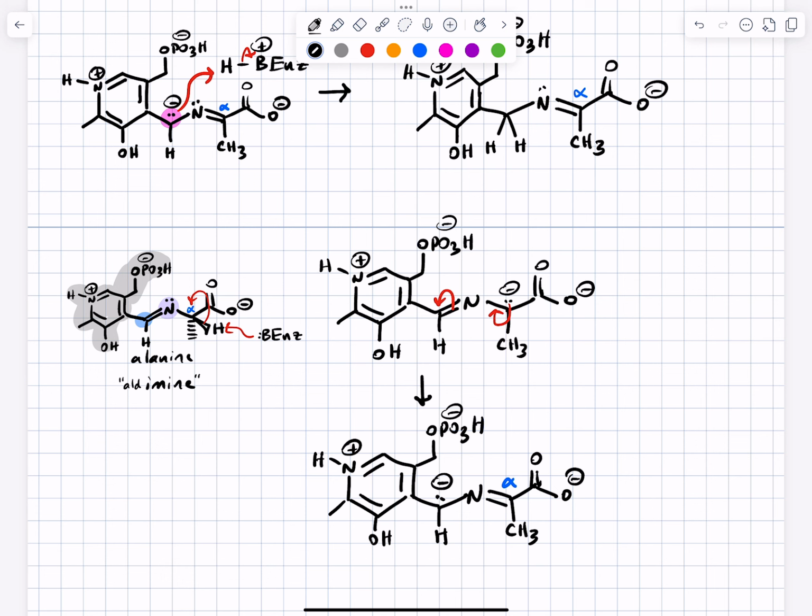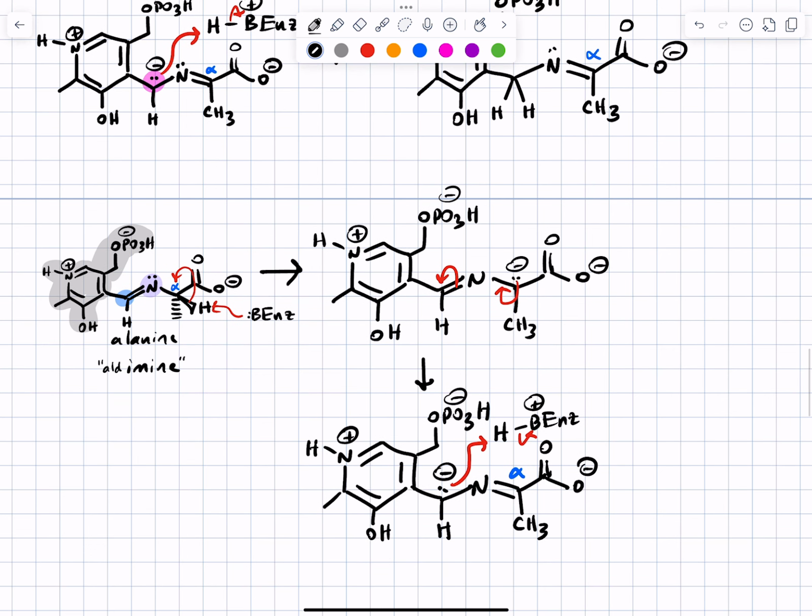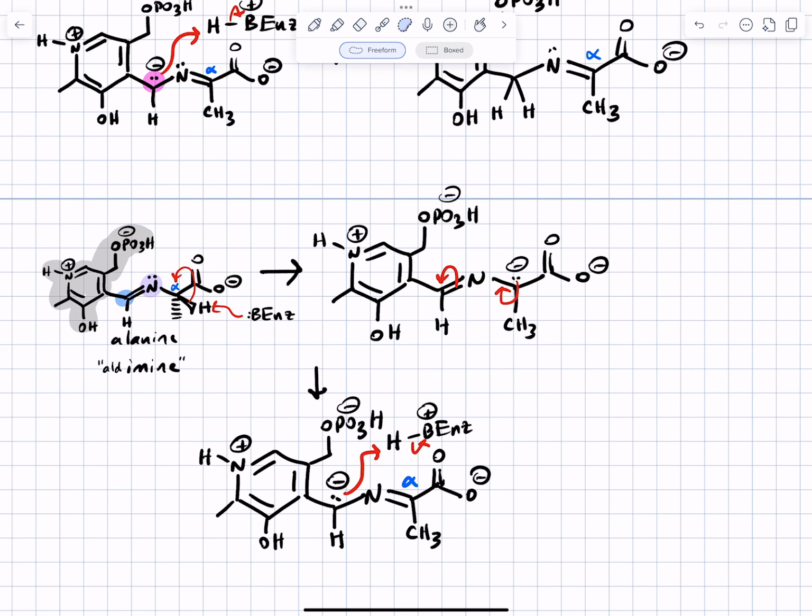And at that point, we protonate on the negatively charged carbon, and that gets us to our product, which is what I drew above, but I'll draw it again here just for completeness.